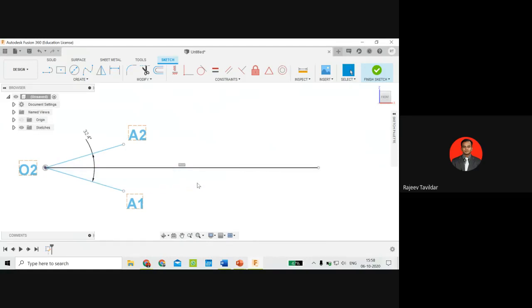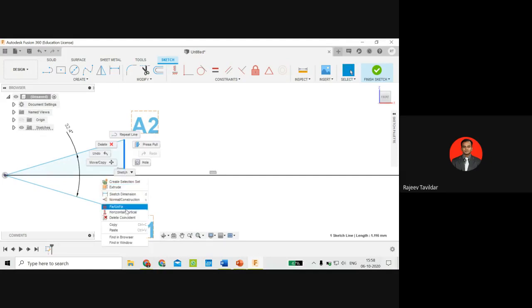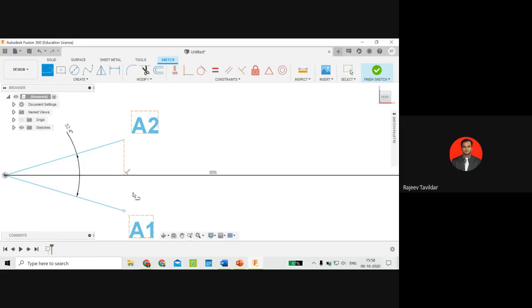Okay. Now I'll draw the construction line over here. Let me make this a construction line. And I will draw one line such that this angle is 71.